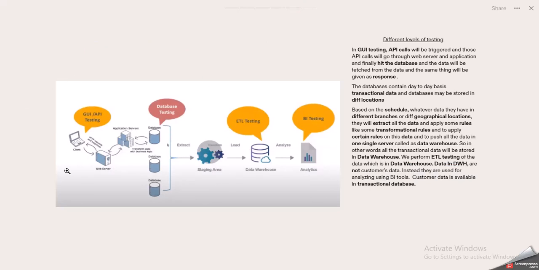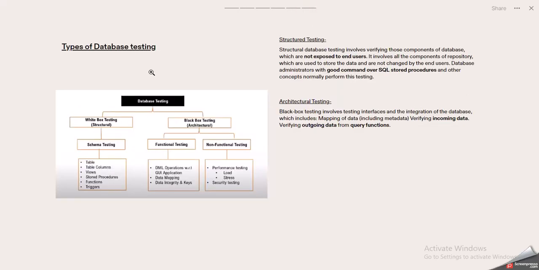Database testing is important for the database checkings, and ETL and BI are important for the business logic. That also we discussed. And finally we will be covering types of database testing.